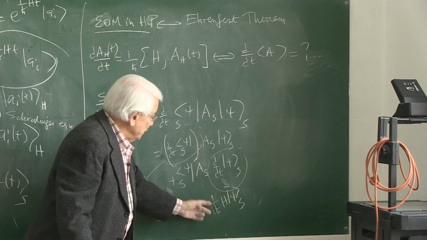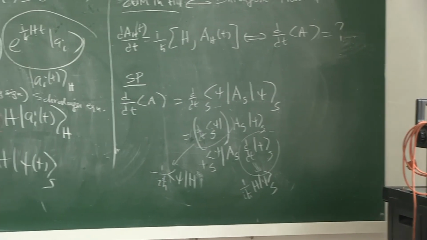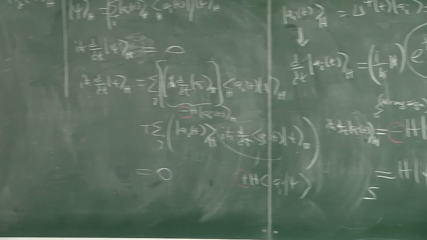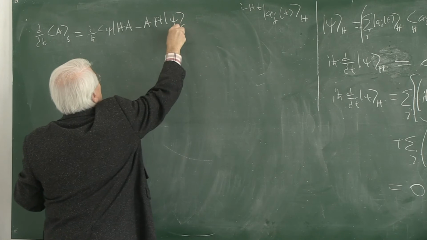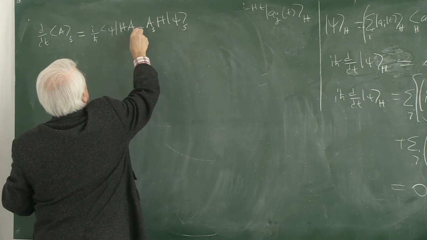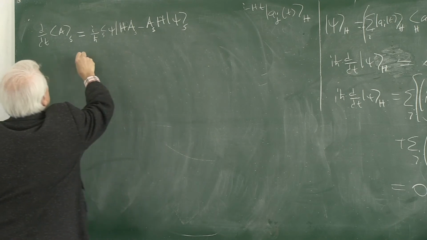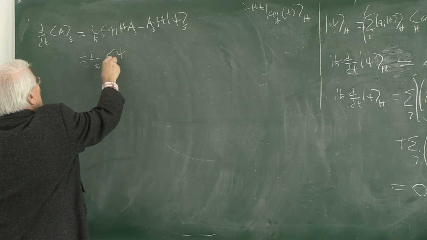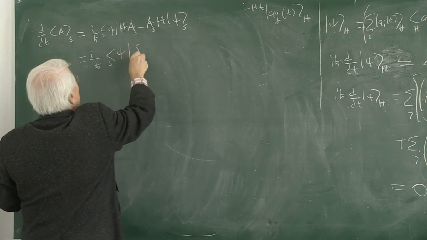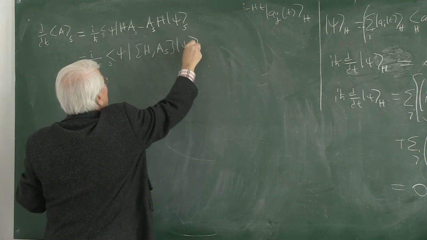From here, move the i up, minus A times H. So i over h bar, the expectation value in the Schrödinger picture of H A, psi.